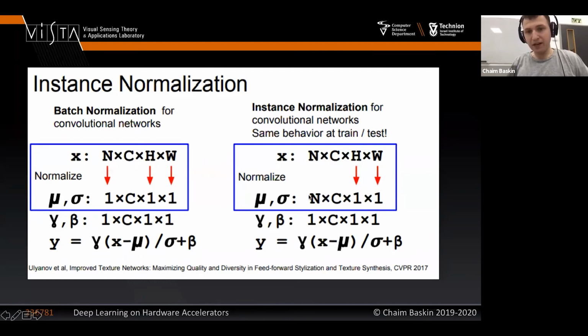For each n we have a different mu and sigma, so it goes from pixel wise to input wise. Here each pixel has a different mu and sigma. Maybe it's a more accurate way to use normalization.